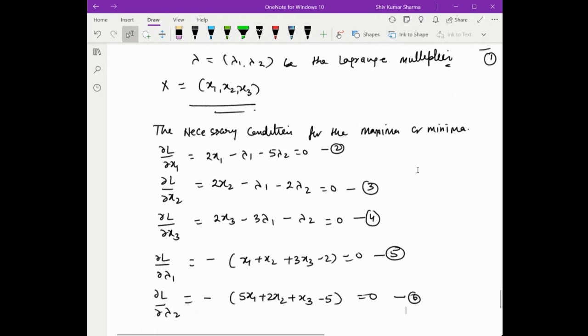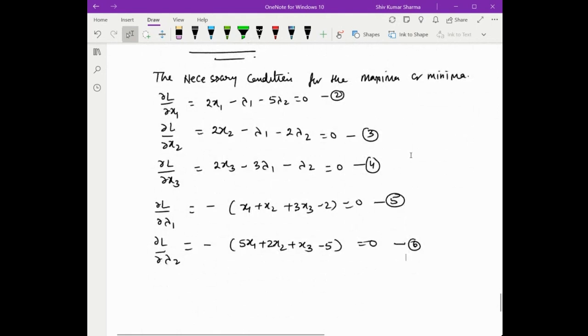I have to solve all these equations to obtain the stationary values x1, x2, x3 and lambda 1 and lambda 2.